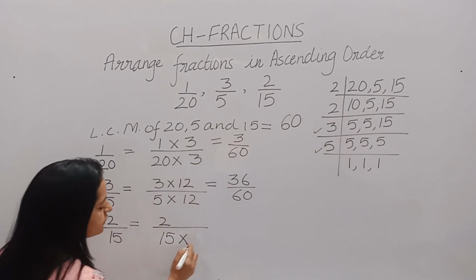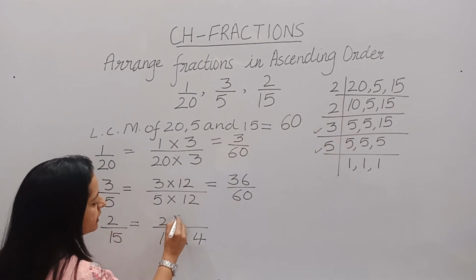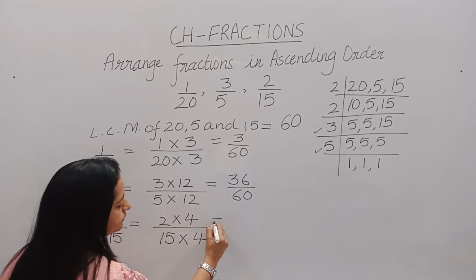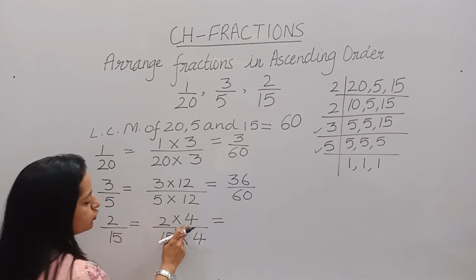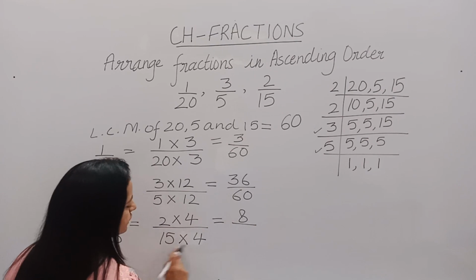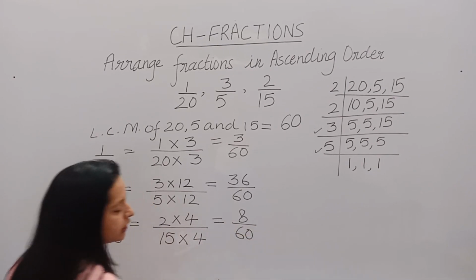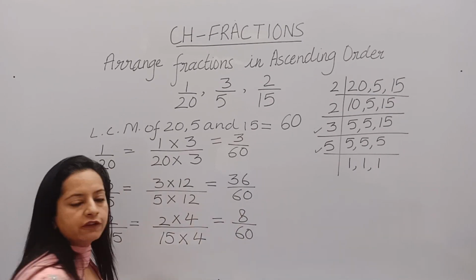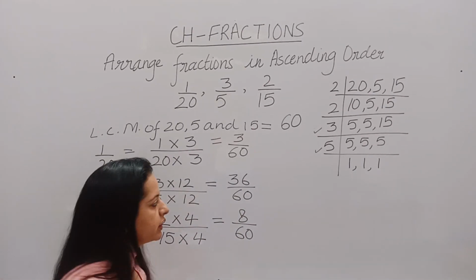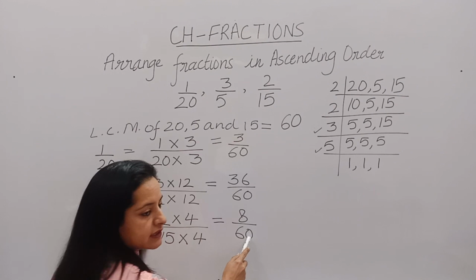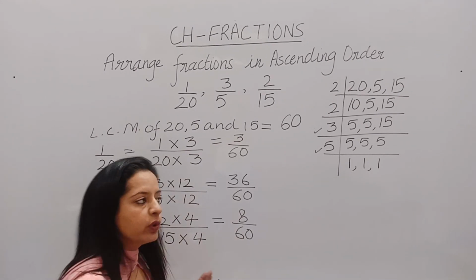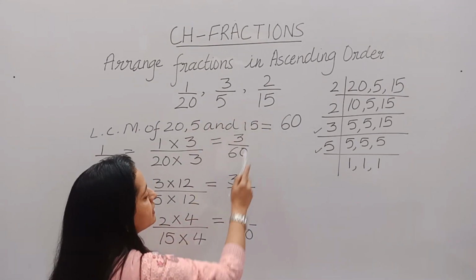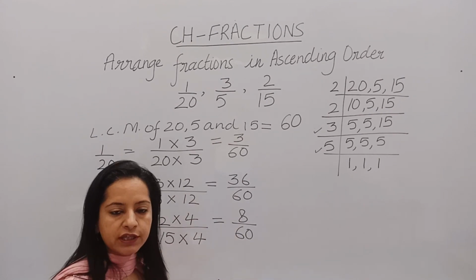So we will multiply 15 by 4. So we will multiply the numerator also by 4, and we get 2 4s are 8 and 15 4s are 60. Now we have got three fractions here, and all these three fractions have the same denominator, 60, 60 and 60 here. That means we have converted these three fractions into like fractions.